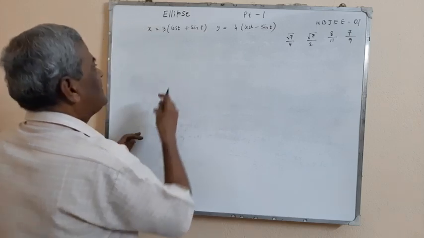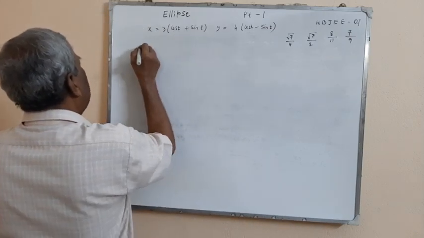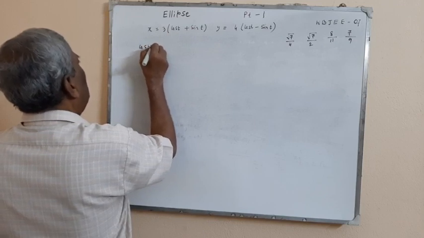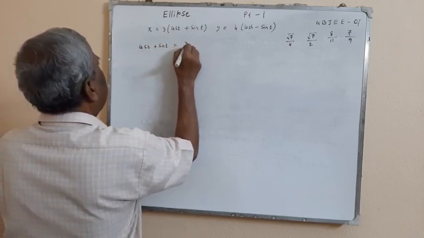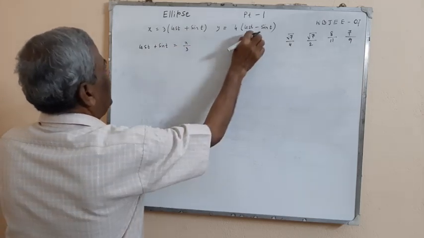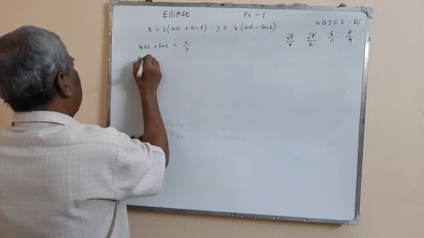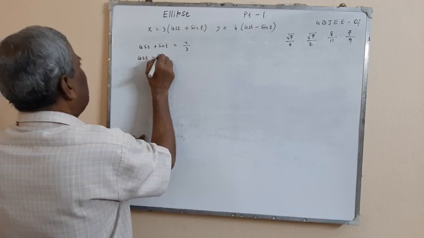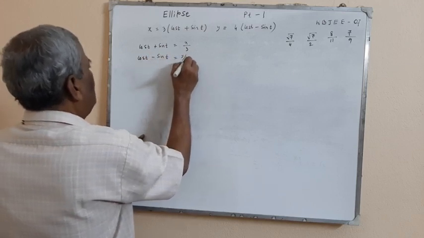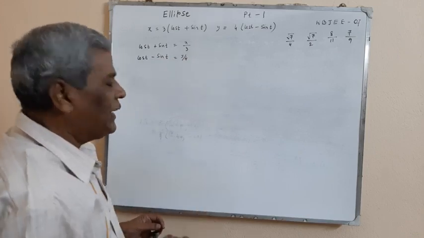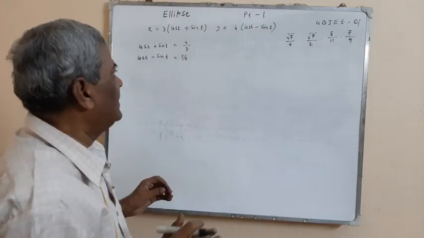For that purpose, we get cos t plus sin t is equal to x by 3. From there, cos t minus sin t is equal to y by 4. Actually, we have to eliminate the parameter t.